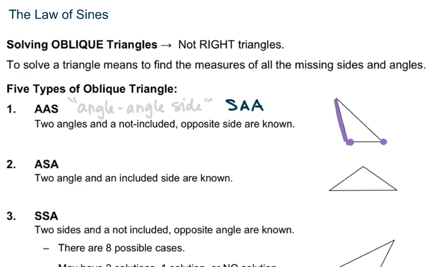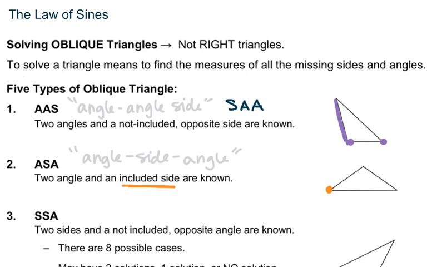Okay, so also what we have here, ASA, I'm sure you can guess, that's going to be angle, side, angle. And there's no sense in reversing that. ASA, when I reverse it, it's still ASA. So angle, side, angle. That means we know 2 angles and an included side. So it's included in between.